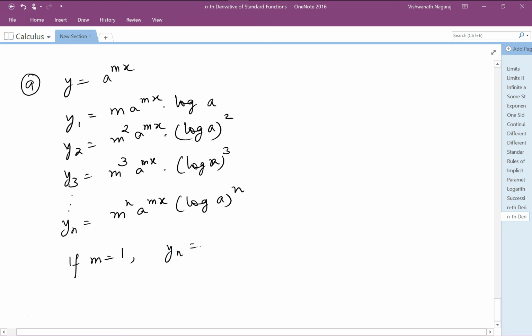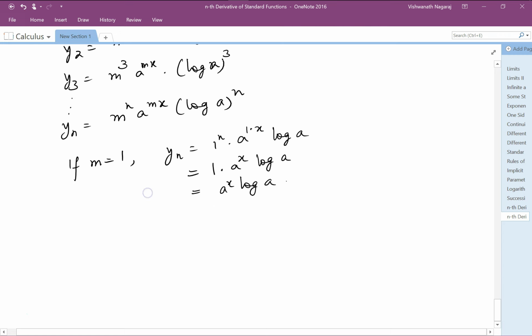So yn equal to 1 to the power of n, a to the power of x, log a to the power of n, which is nothing but a to the power of x log a to the power of n.